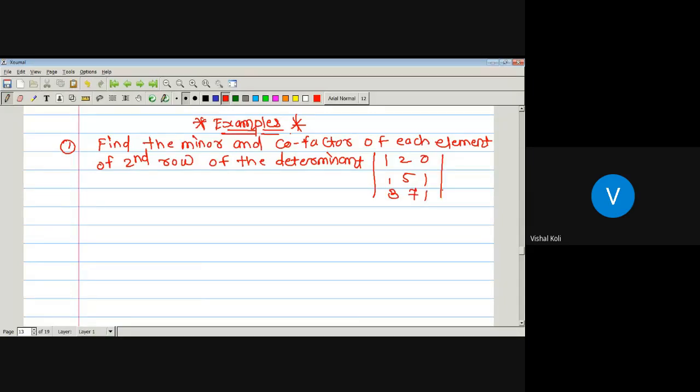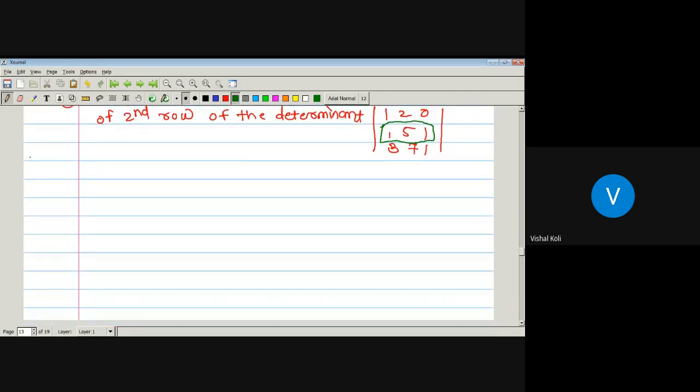So here we have this determinant and we have to find the minor and cofactor of each element of the second row. It means we have to find the minor and cofactor of these elements, that is 1, 5 and 4. So first we will find the minor of each element and from that we will easily find its cofactor.